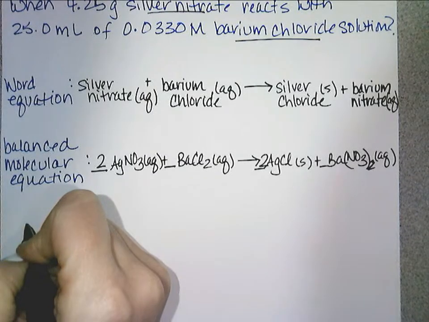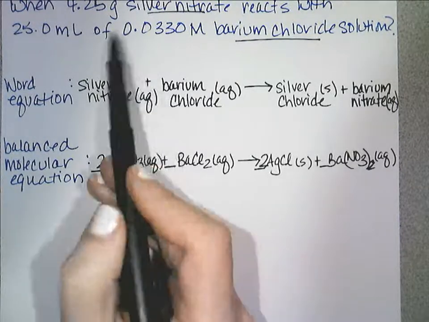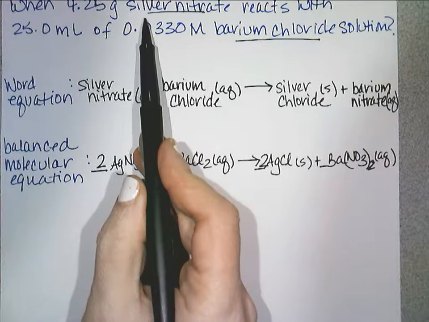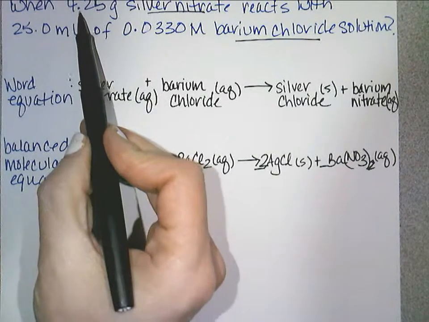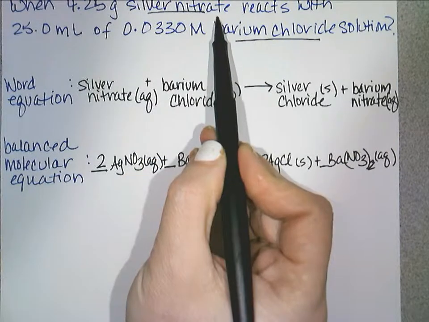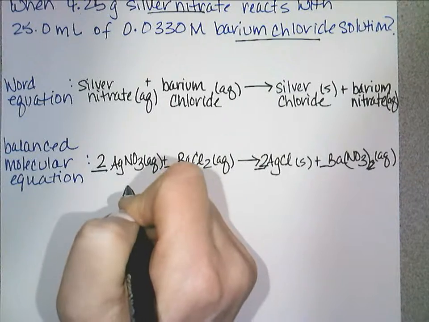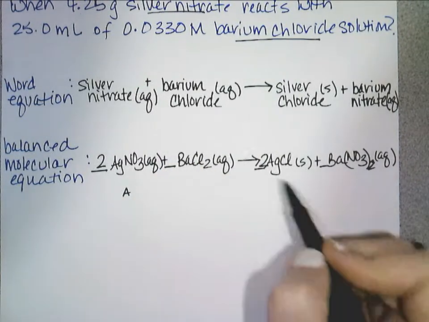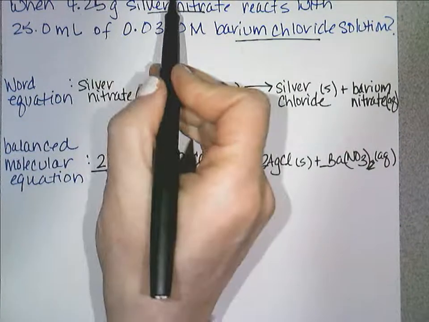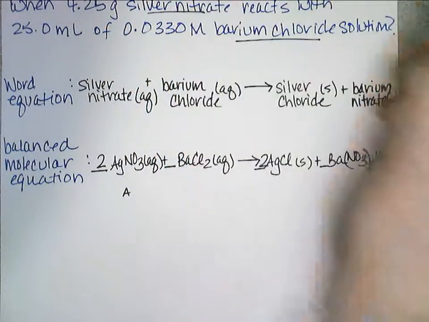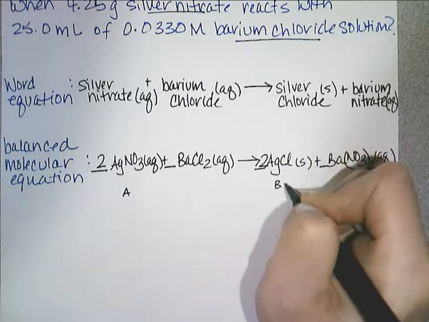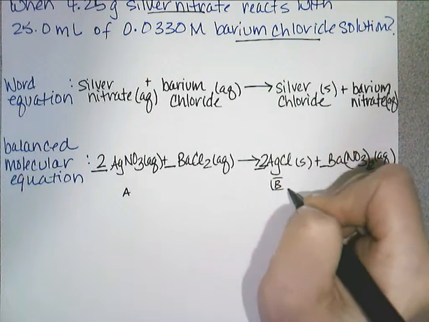From the equation, we have two quantities we need to convert. We need to convert the grams of silver nitrate, or the mass of silver nitrate. This will be one of our A substances. And we have to convert it to the mass of silver chloride, so this is going to be our B substance, our product.